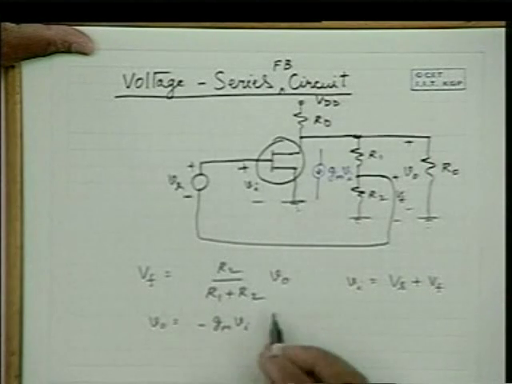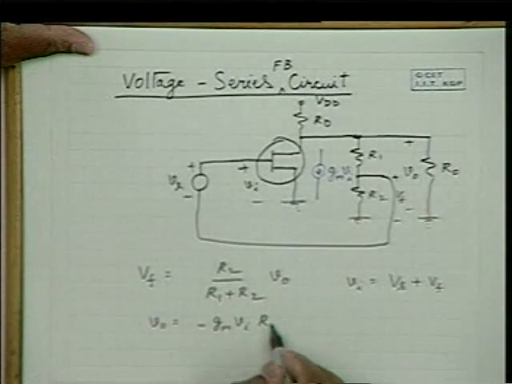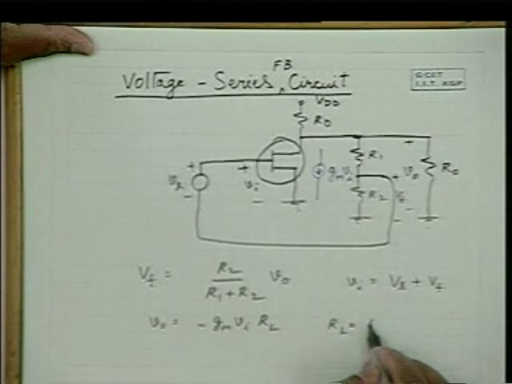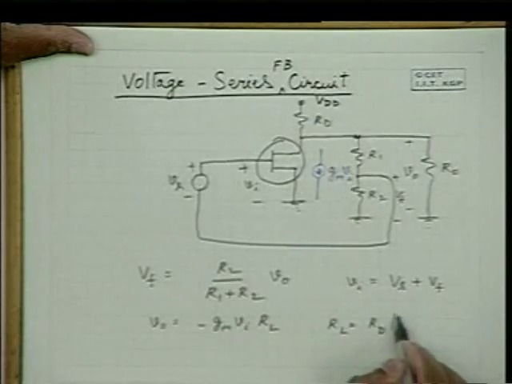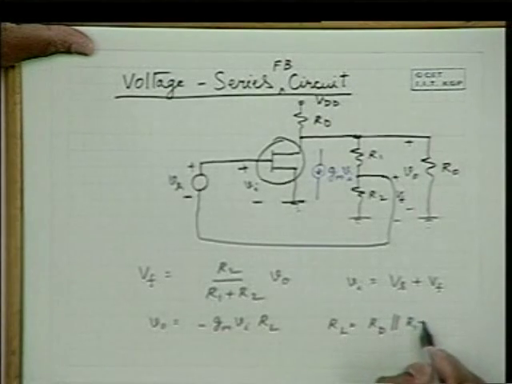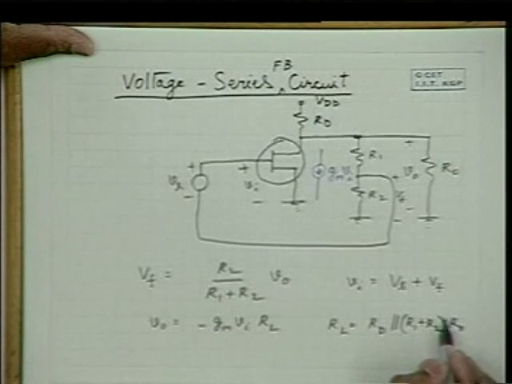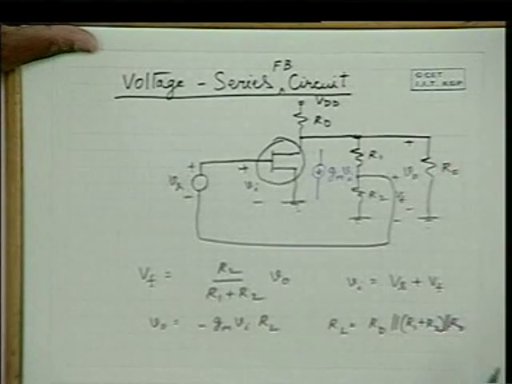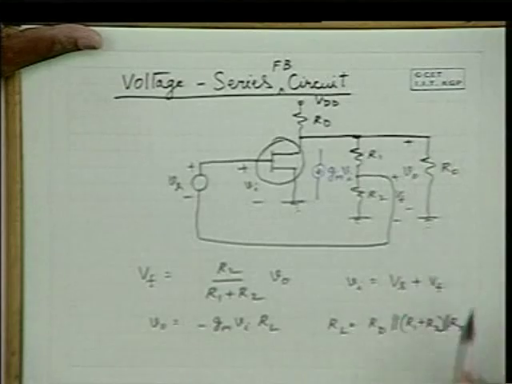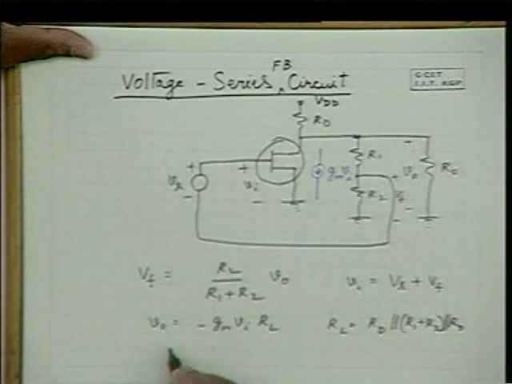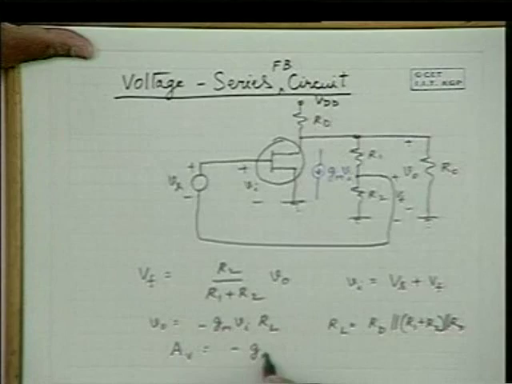Therefore, the output voltage is minus Gm RL into Vi, where RL is the parallel combination of RD, R1 plus R2, and R0. If R0 is not there, it doesn't come into the picture. Therefore, the voltage gain here is minus Gm RL.